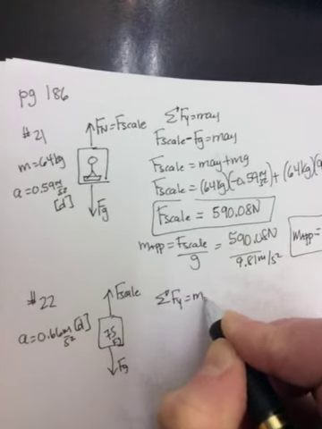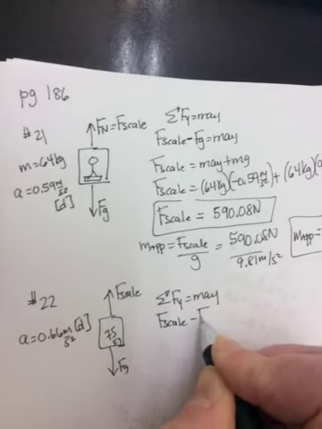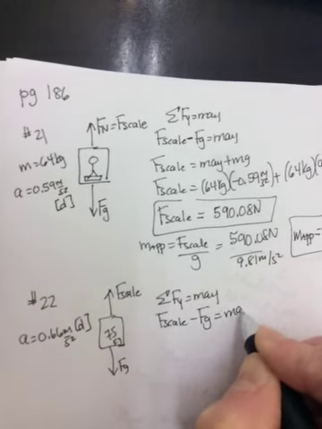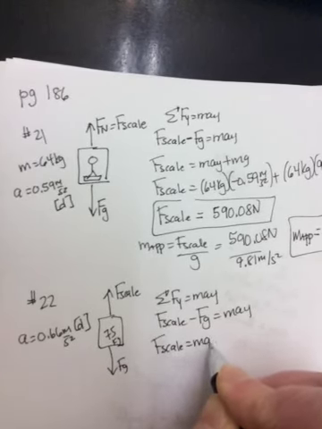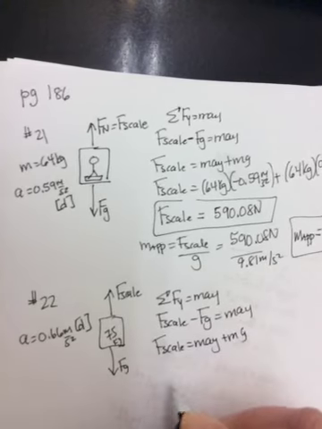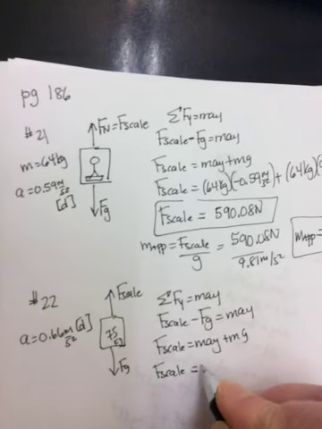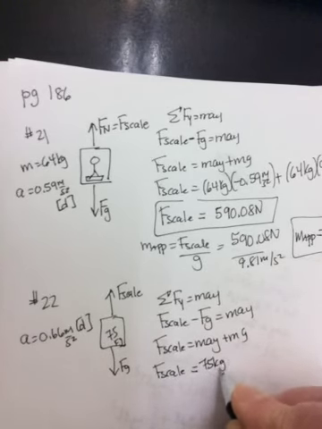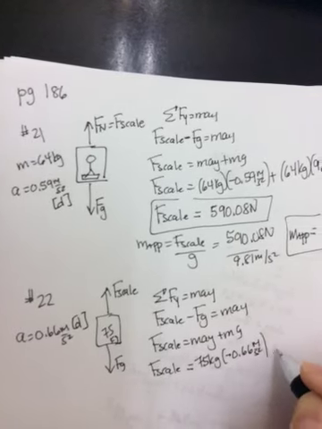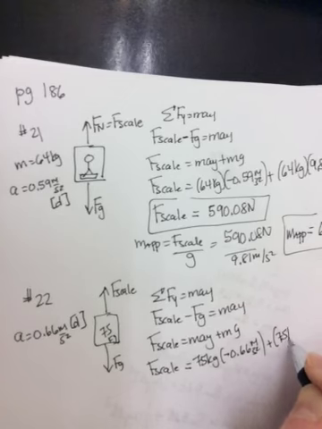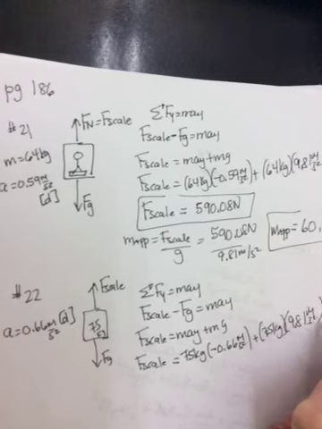So sum of the forces in the y direction will be F scale, again minus Fg if we're calling up positive, equals MAY. So F scale will equal MAY plus Mg. F scale will equal 75 kilograms times negative 0.66 meters per second squared plus 75 kilograms times 9.81 meters per second squared.